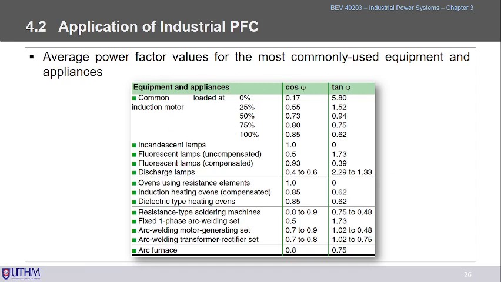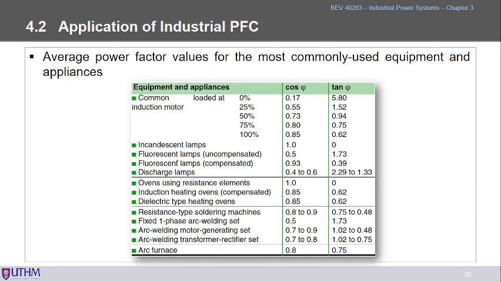So these are the rest of the equipment or devices that we commonly use in the IPS. For example, the oven is a heating element and only uses resistance, so its power factor is one. Arc welding is about 0.7 to 0.9.